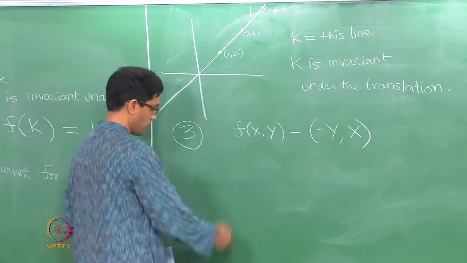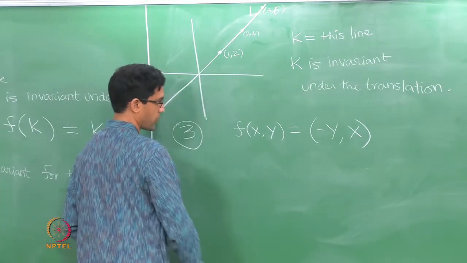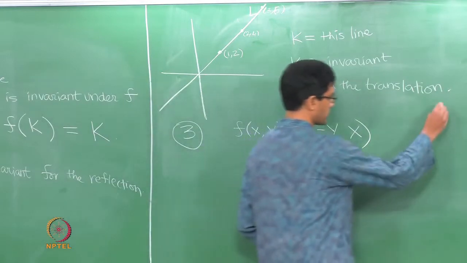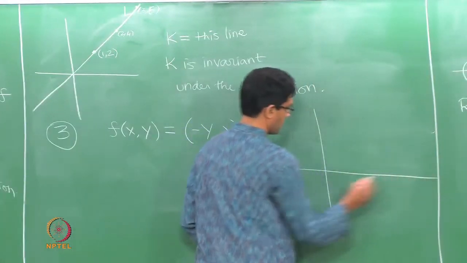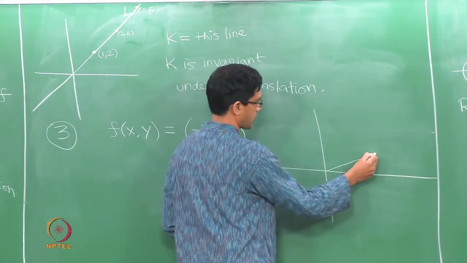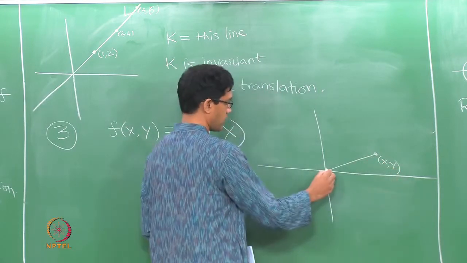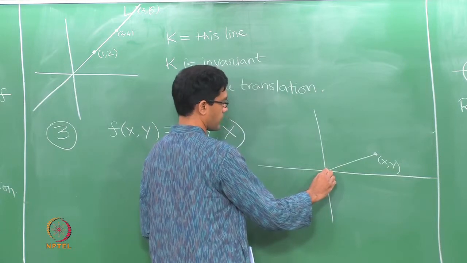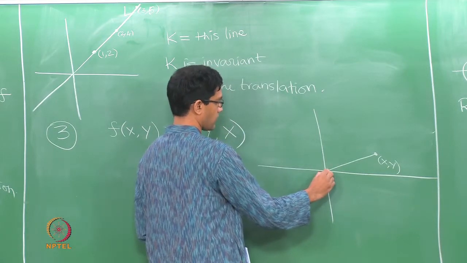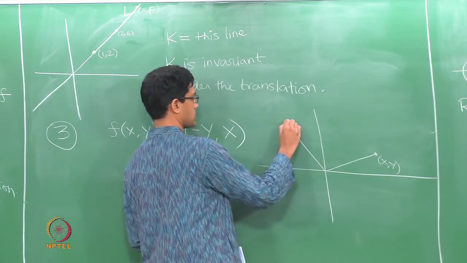So let us try and see what this does, firstly to points. So if you imagine a point somewhere here, let us call it (x, y), (minus y, x). So minus y is the new x coordinate, and then x, so that is this.